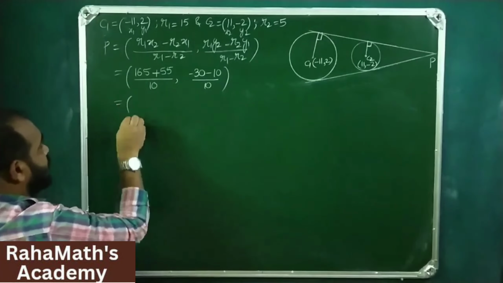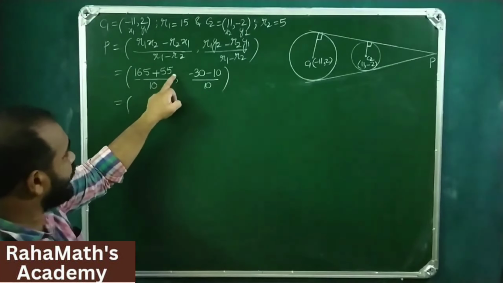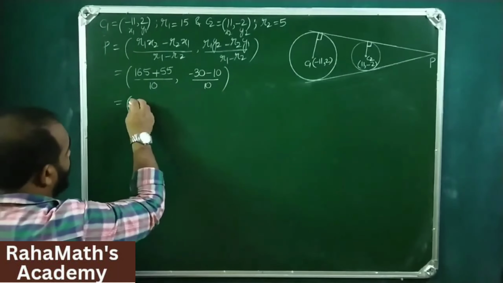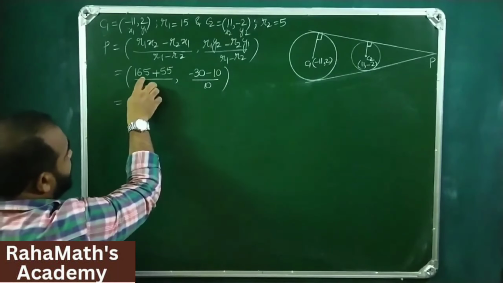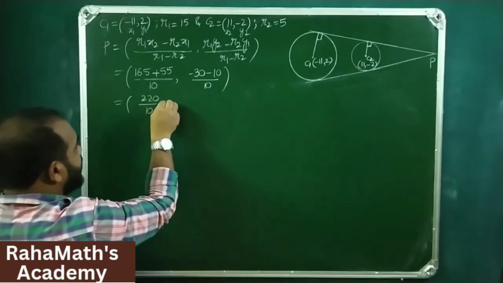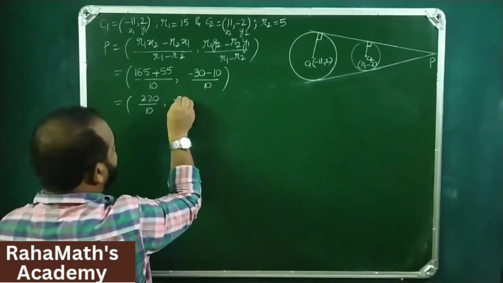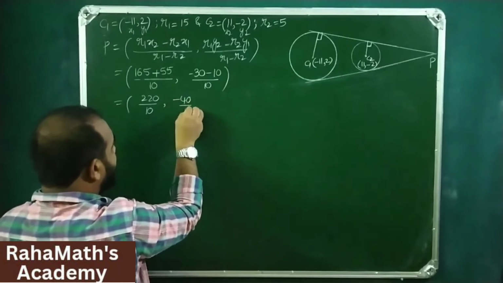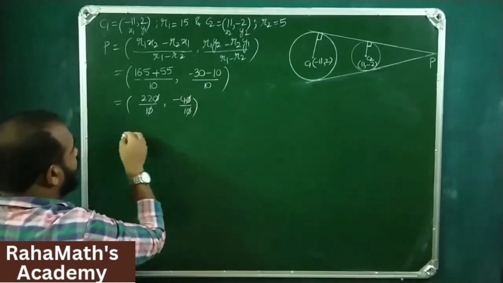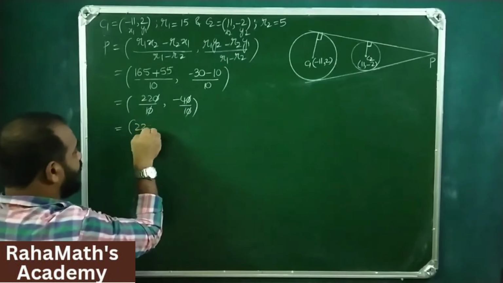This equals 165 plus 55, 220 by 10, comma, minus 40 by 10. So this equals 22, comma, minus 4 we get.